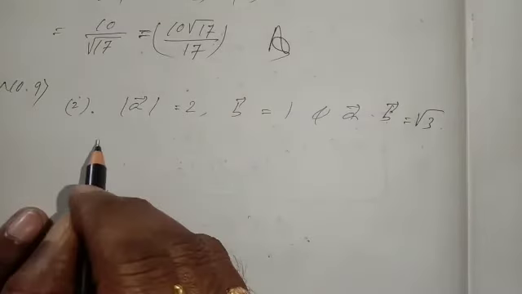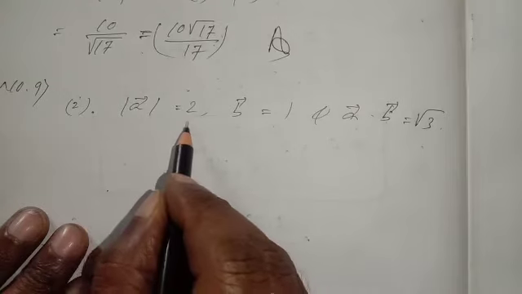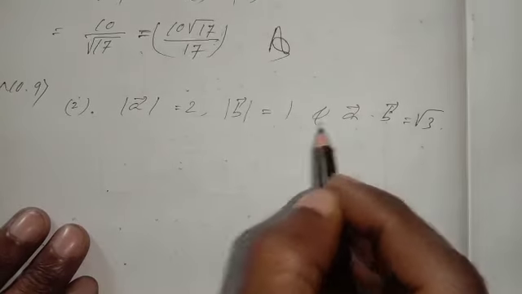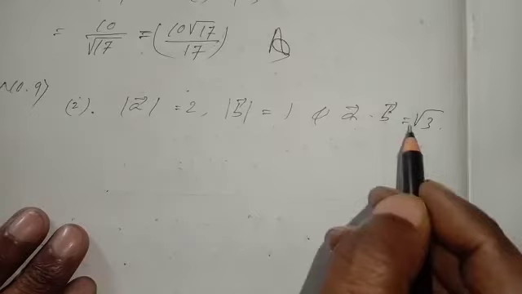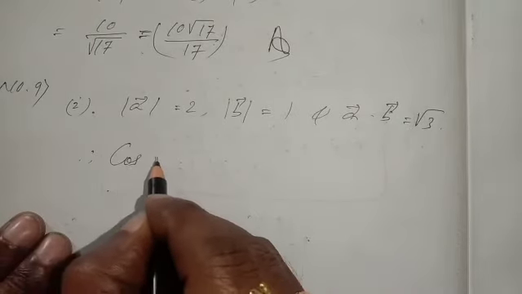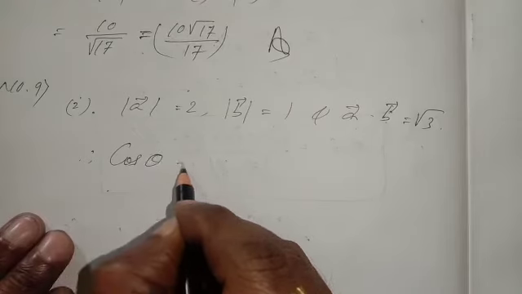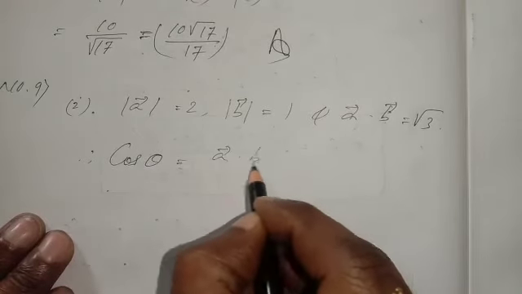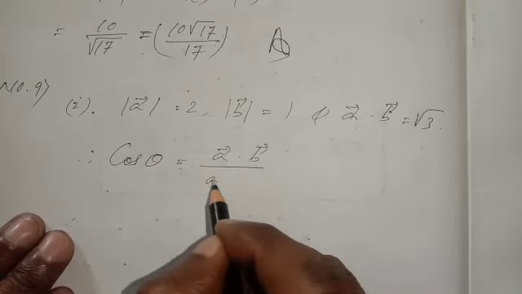See number 9, first part: magnitude of vector A is 2, magnitude of vector B is 1 and A dot B is root 3. As you know, for the angle theta between two vectors, cos theta is equal to A dot B by A mod B mod.